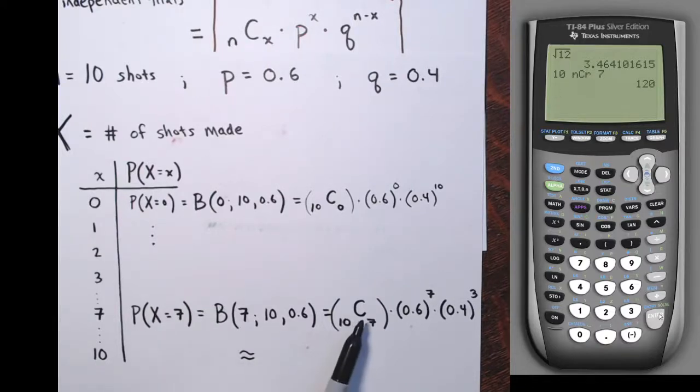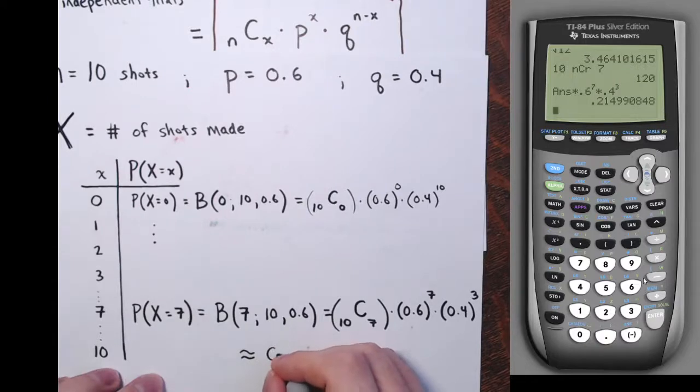This is 120, times the previous answer, times 0.6, the probability of success on a trial, raised to the 7 trials that are successes, 0.6 to the 7th, times 0.4, the probability of failure on a trial, raised to how many failures there are, 3. So we got 120 times 0.6 to the 7th times 0.4 to the 3rd, and this is giving me approximately 0.214, and it says round to 3 decimal places, but 9 is the next one, so 0.215.